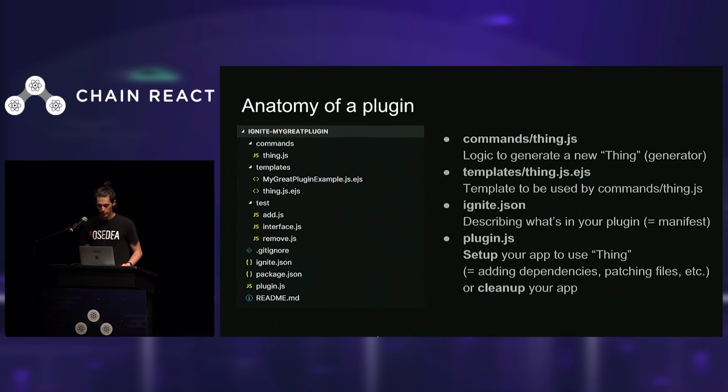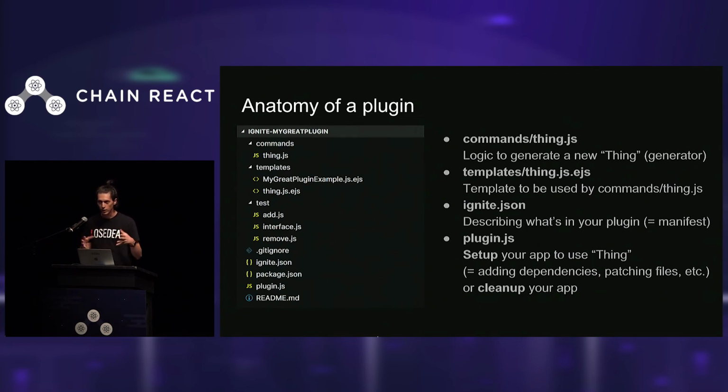So let's look a little bit at the anatomy of a plugin. What's all that? I'm going to go from top to bottom. First, that's the base example. You have commands. Commands contain the logic on how to generate the thing you want to generate. Templates are going to be used by the generator to, for example, lay out.